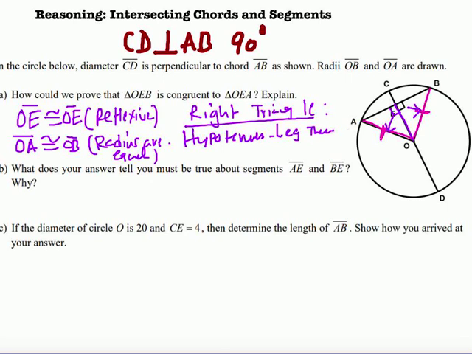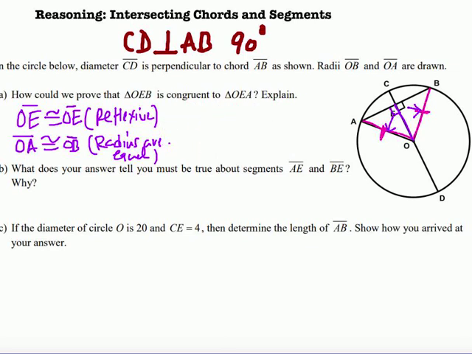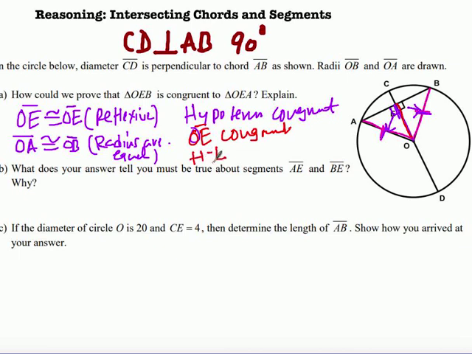Okay, so let's go ahead and write our conclusion for part A. Since we already know that the hypotenuses are congruent, these sides are congruent, and we also know that sides OE, which is this side, are congruent, then by hypotenuse leg, HL, triangle OEB, which is this one, is congruent to triangle OEA, which is this one.